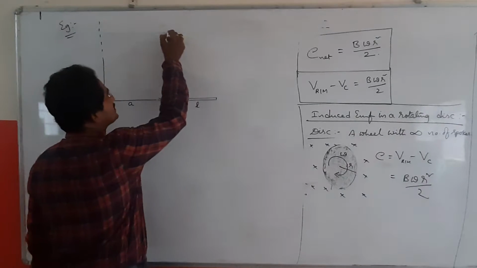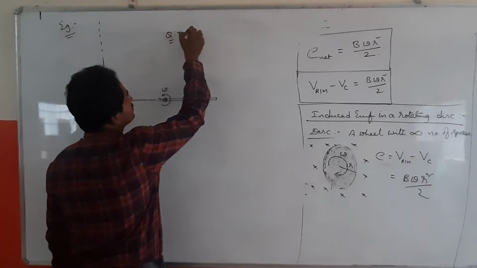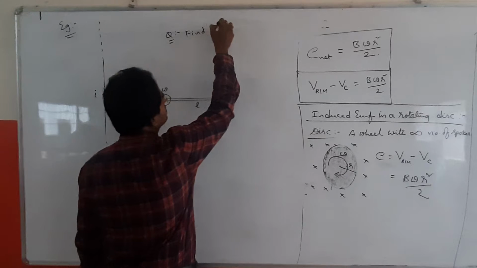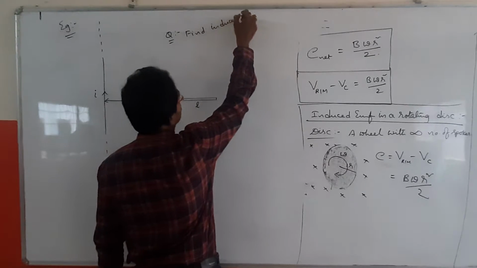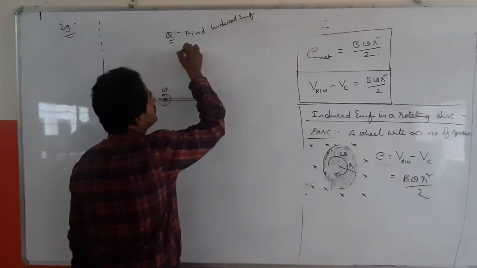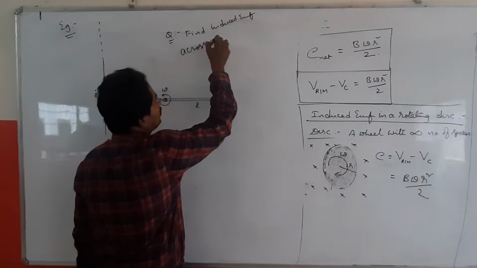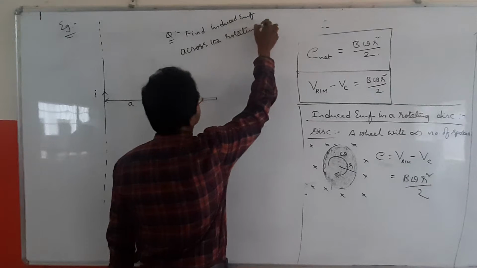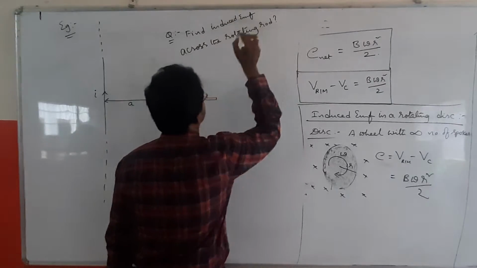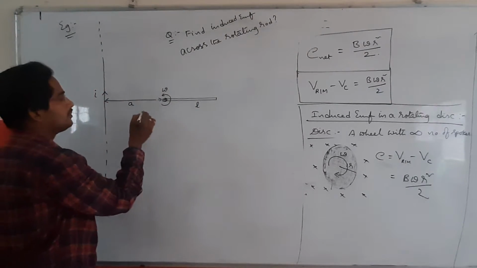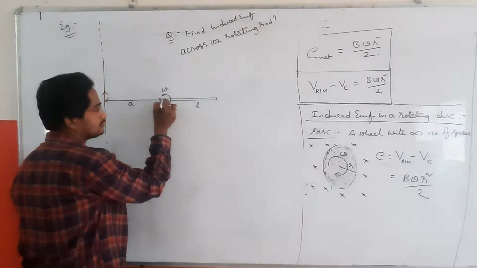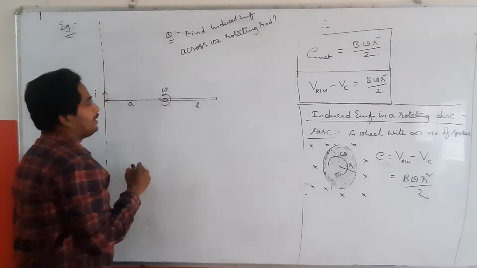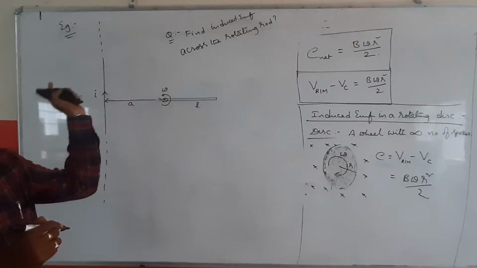So the question is, find the induced EMF across the rotating rod. How to solve it? It is a hinge point about which the rod is rotating.